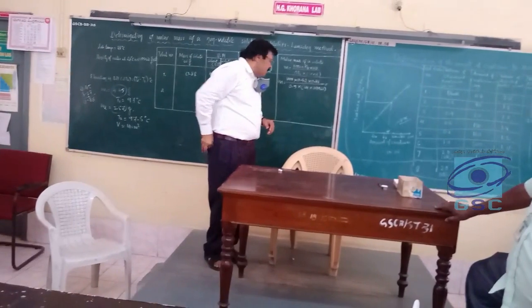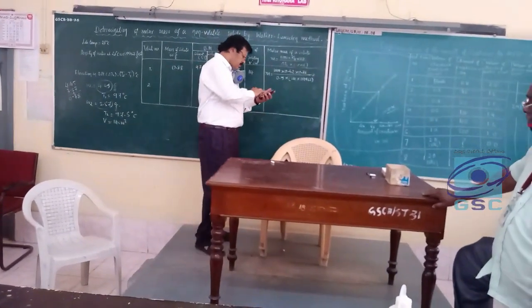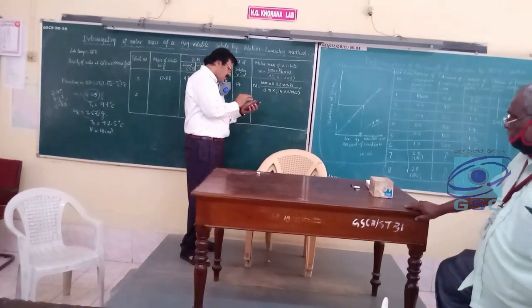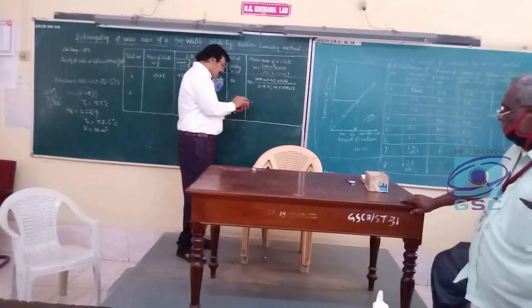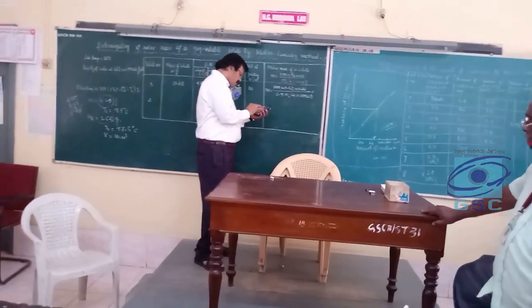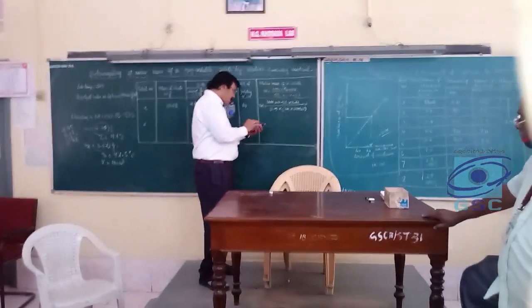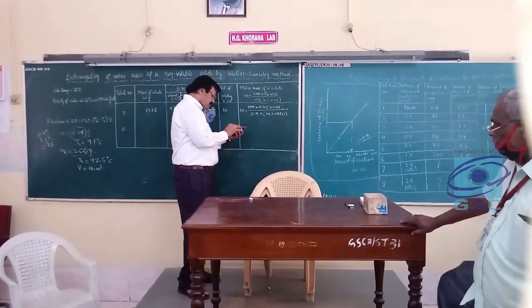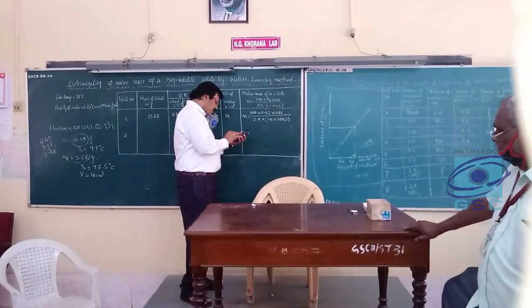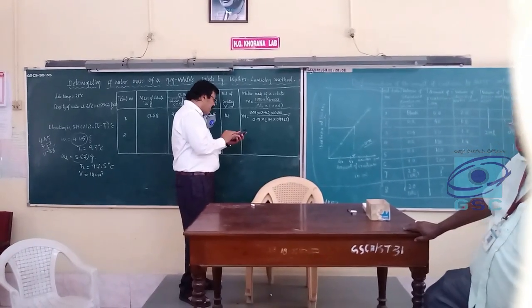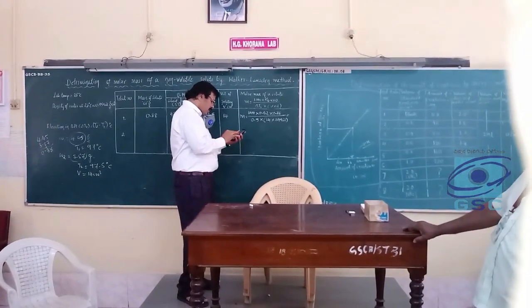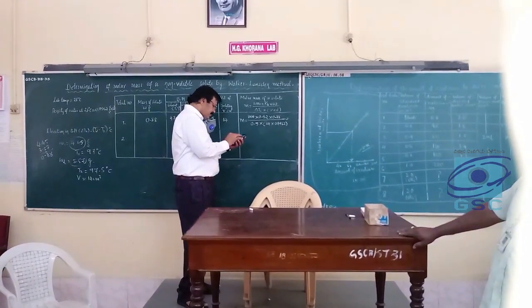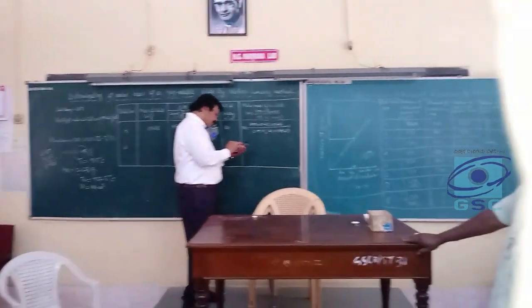So we need to multiply all this. You have to simplify this equation, then you get the molar mass. It is given by 1000 into 0.52 into 0.88, divided by 0.5, divided by 14, again divided by 0.9962.